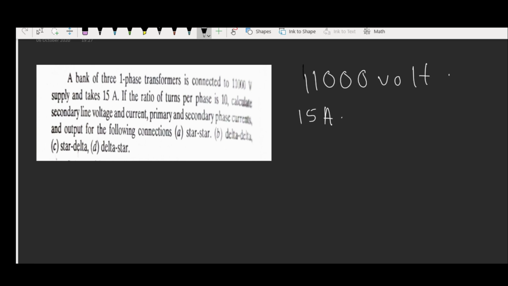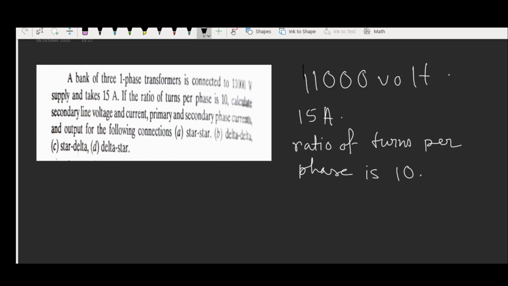If the ratio of turns per phase is 10, calculate secondary line voltage, line current, primary and secondary phase current. So how to solve this problem?